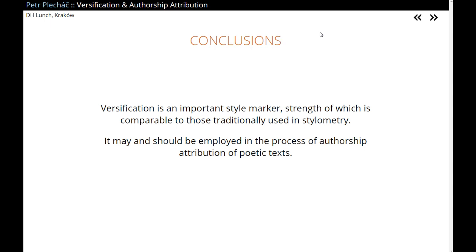I was wondering, perhaps it is because in Czech versification, in German versification, in English versification, you are not free to place stresses where you want. It's syllabic accentual poetry. So in case you want to write a trochaic verse, you are not free to place the stresses anywhere you want.